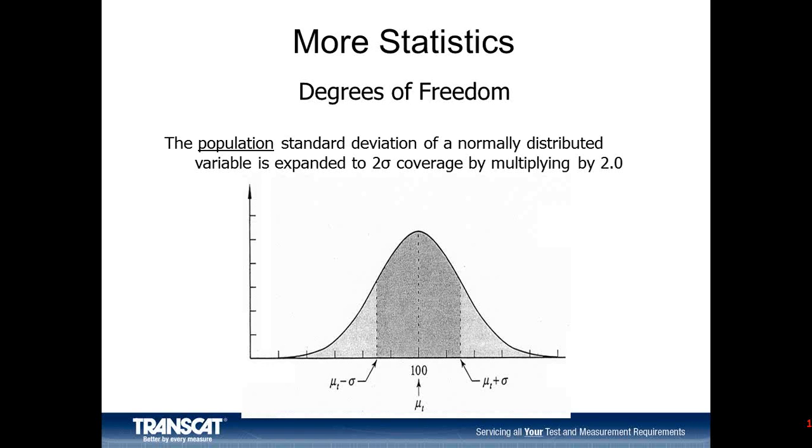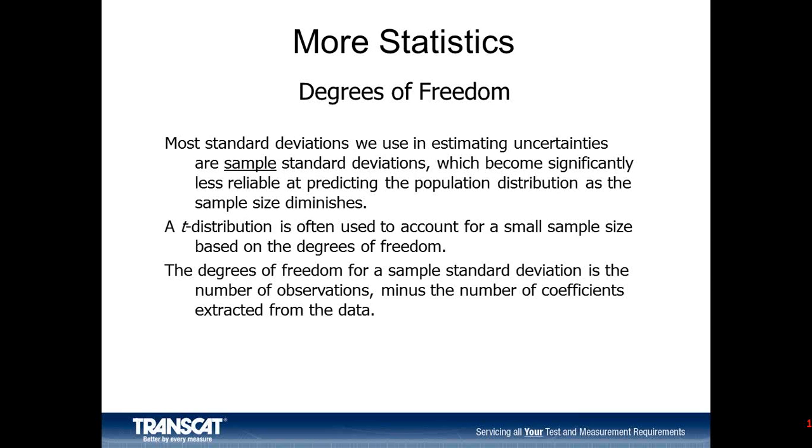Degrees of freedom has to do with the reliability of the standard deviation at predicting the population standard deviation. When we measured this table length, for example, maybe we had 100 observations, or maybe we only had 10. The fewer samples that you have that go into this computation of the standard deviation, the lower the reliability of that standard deviation at predicting the real case.